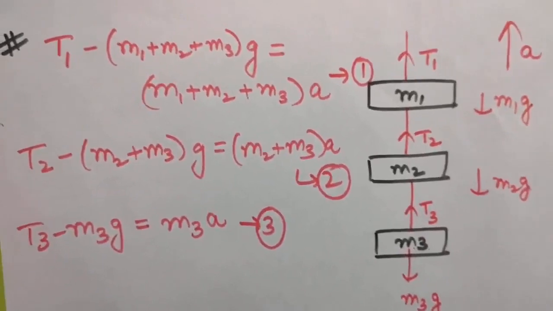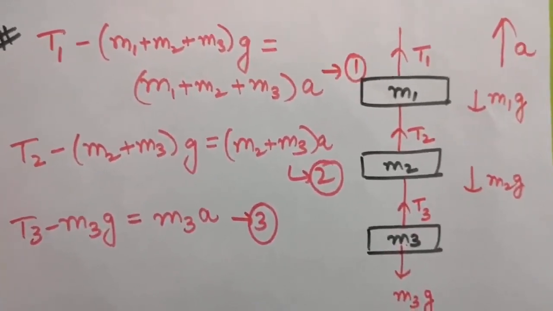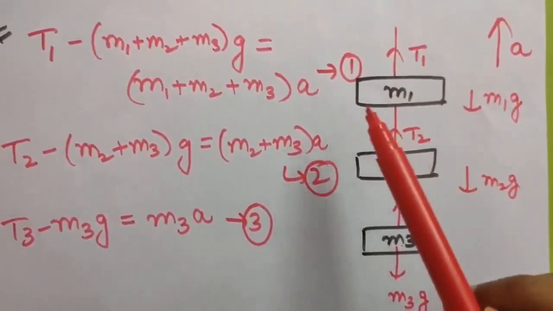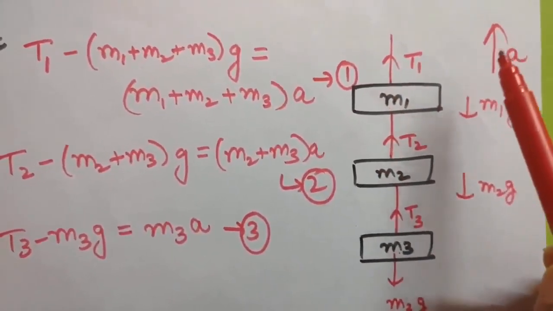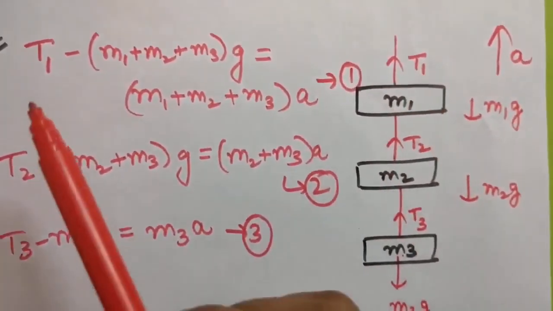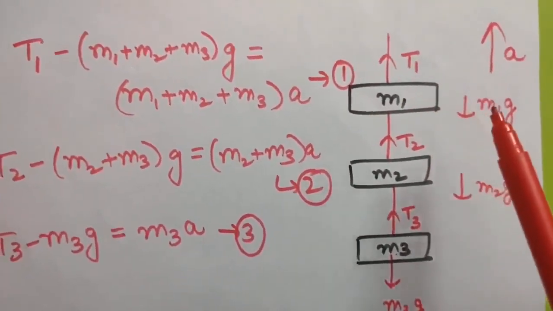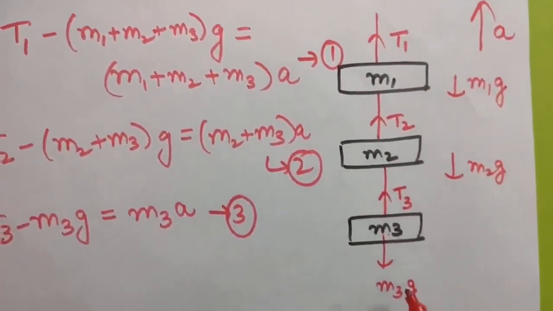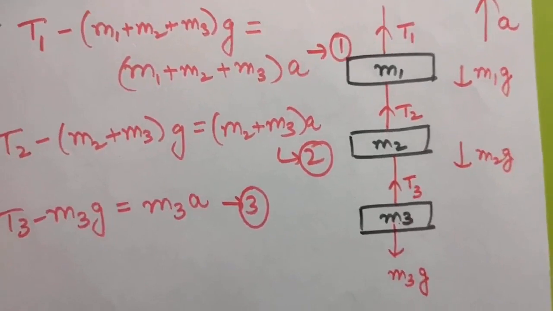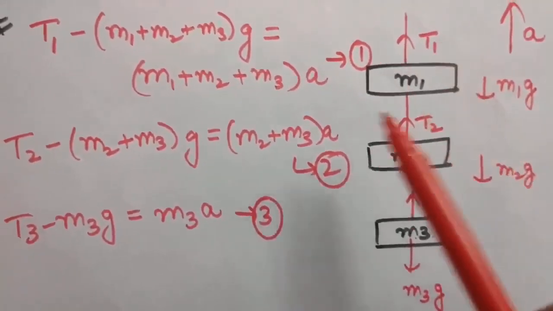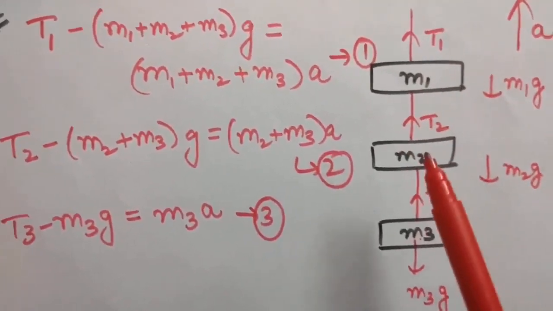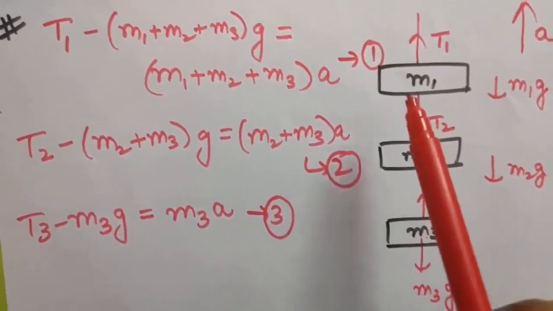Okay, now how we will form the equations. See, let us talk about this mass first. Because it is going in upward direction, T1 will be positive, so T1 minus, see all these forces m1g, m2g and m3g are acting in downward direction, and due to all these three forces the mass m1 will be pulled downward, because as you can see m2 and m3 are connected to m1 only.